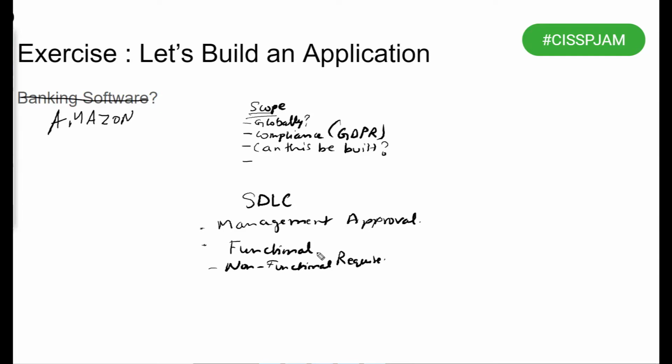Right. So yes, we need to define the functional and non-functional requirements. The reason we need to define these is because we need to know what we are building. Without knowing what the user or customer, or whoever is building this, has in mind, you can't build it.